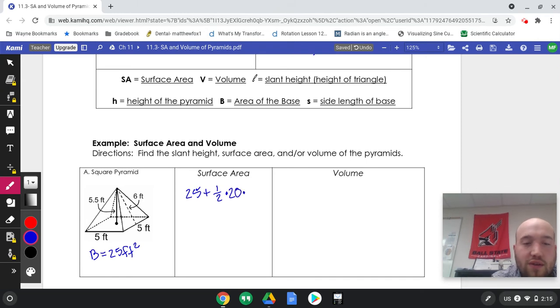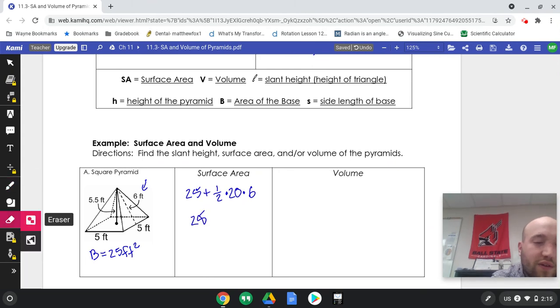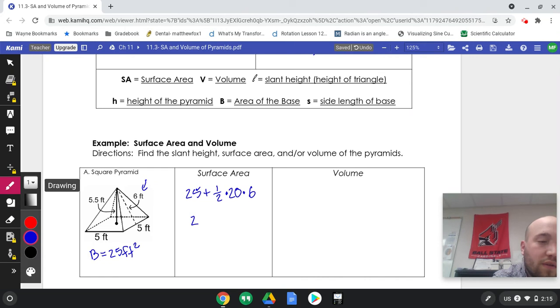And our slant height, I don't know if you can see it right here, 6. So 1/2 times 20 is 10. 10 times 6, 60. So 25. Oops, that's supposed to be a 5. So 25 plus, we said 60, and that gives us 85. It's going to be feet squared.